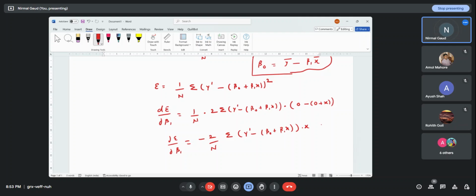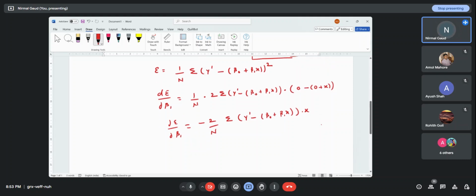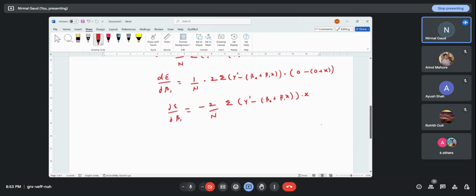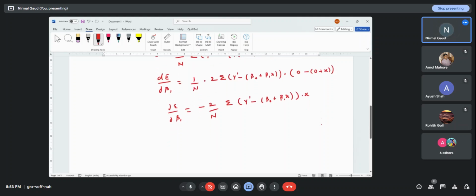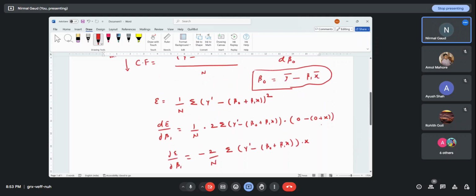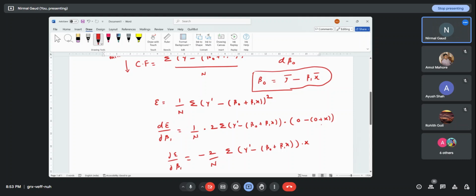Okay, fine. So still my problem is not solved. I need to solve it ahead. And before that, we have to confirm the value of beta naught which we have calculated is this only or not.